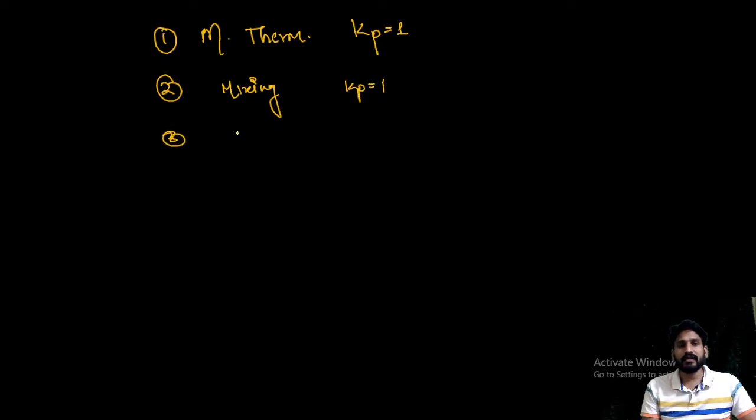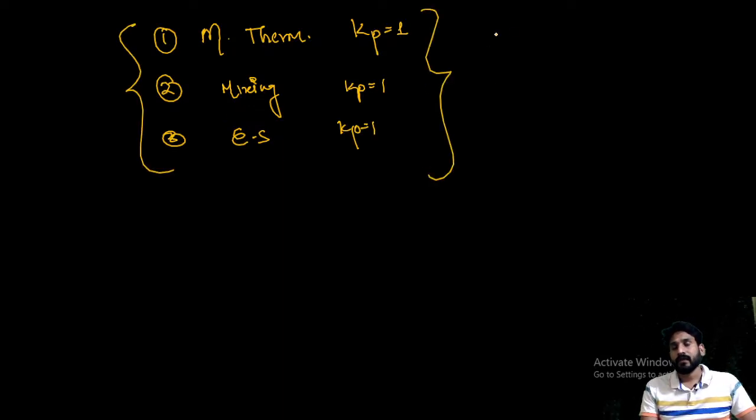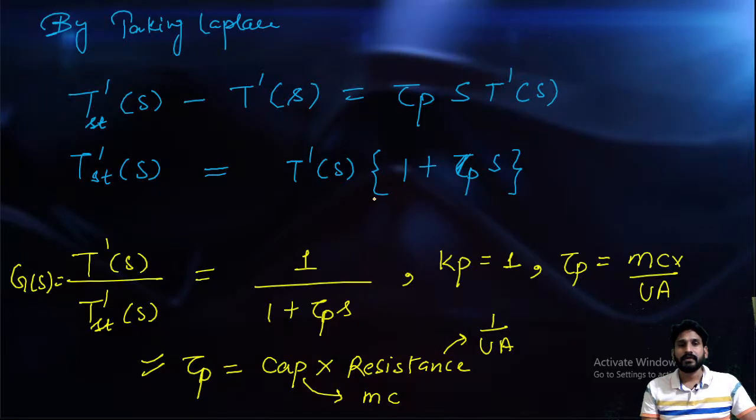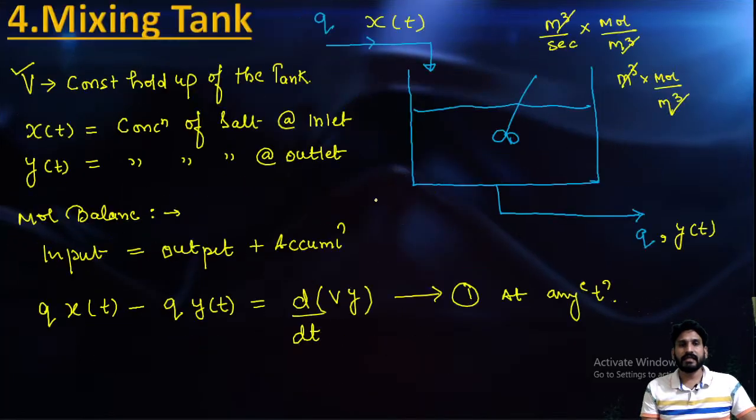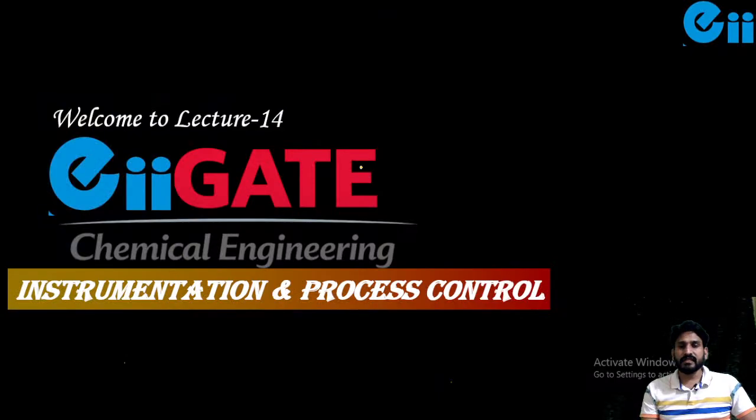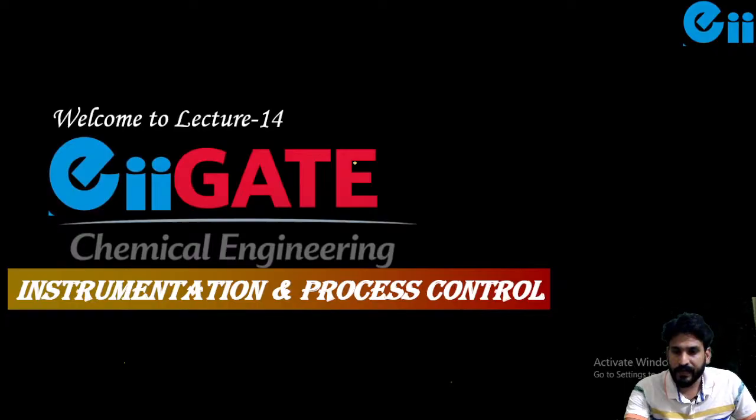Energy storage tank, my Kp is equal to 1, right? In your liquid level tank, my Kp is equal to R, and if two outlets are there, then Kp is equal to my R equivalent. Is it clear to you? So these are the things which we discussed previously.